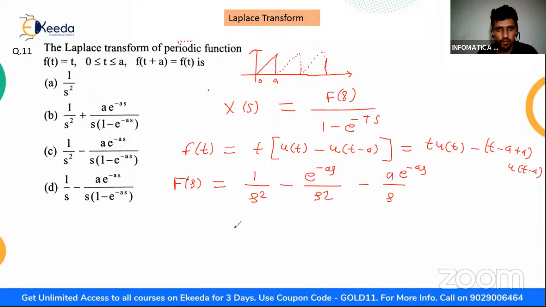Now the Laplace transform here is 1 minus e to the power minus as upon s squared, plus minus a e to the power minus as divided by s.